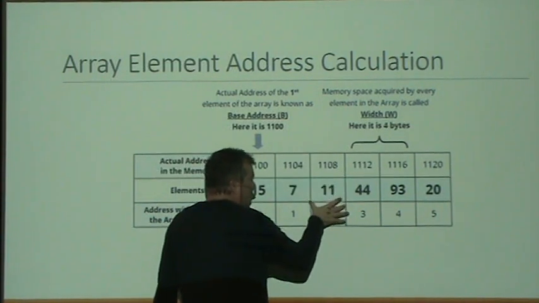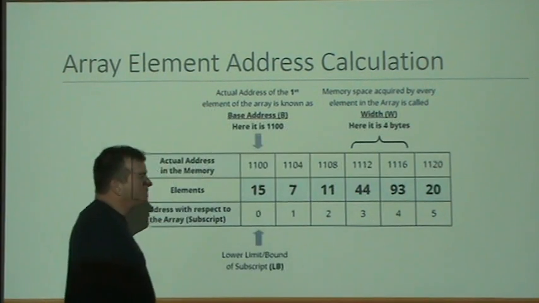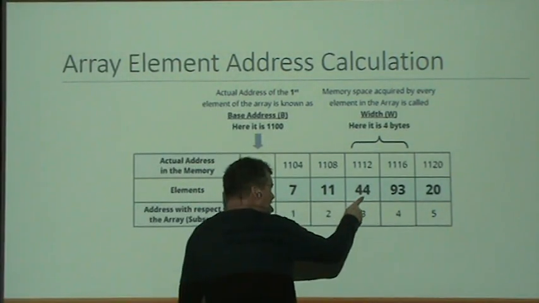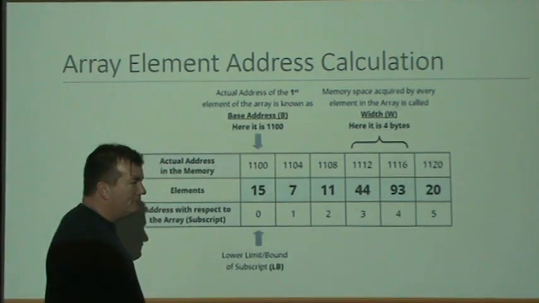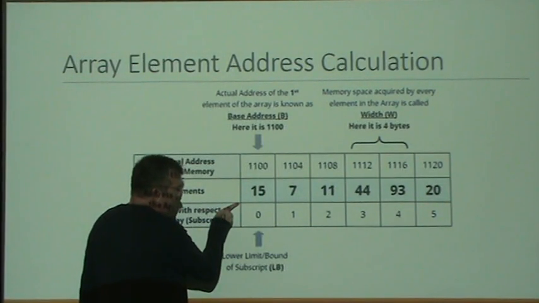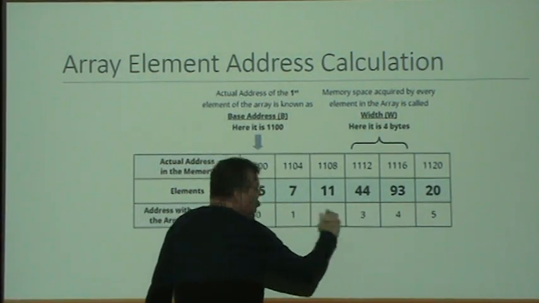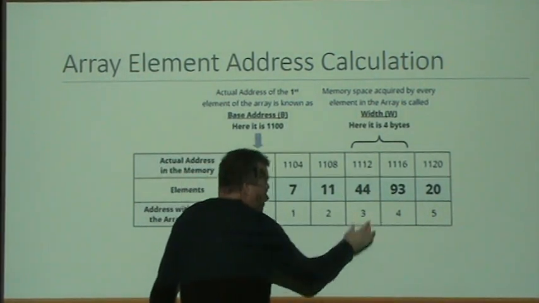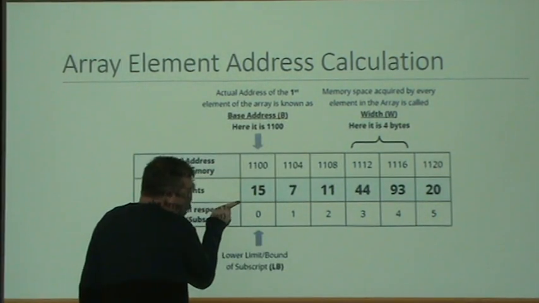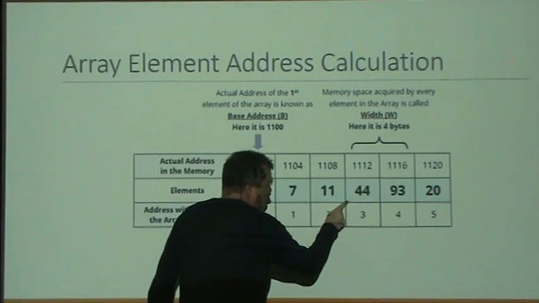And then at 1108, the next one, and 1112 is the next one, and 1116 is the next one, and so on. So if I want to find where this element is in storage, it's going to be at the beginning of my array, plus my index, which is number 3, times the size of each one of these. So the location would be at this location plus 3 times the size of the element, and it would start right here.